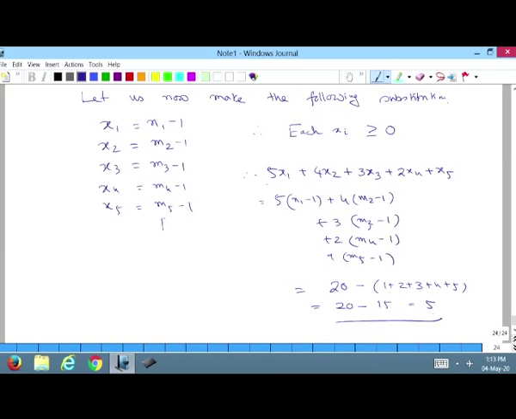Therefore, we get 5x1 plus 4x2 plus 3x3 plus 2x4 plus x5 is equal to 5 when xi is greater than or equal to 0.